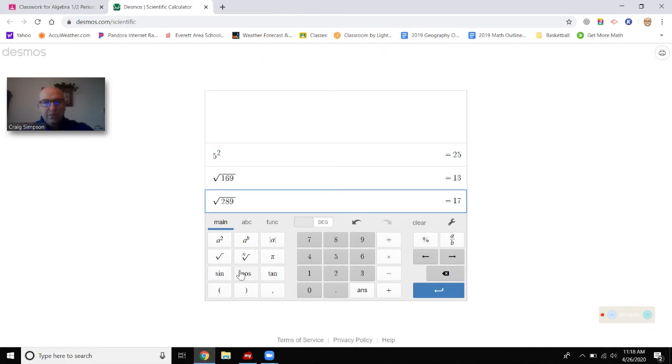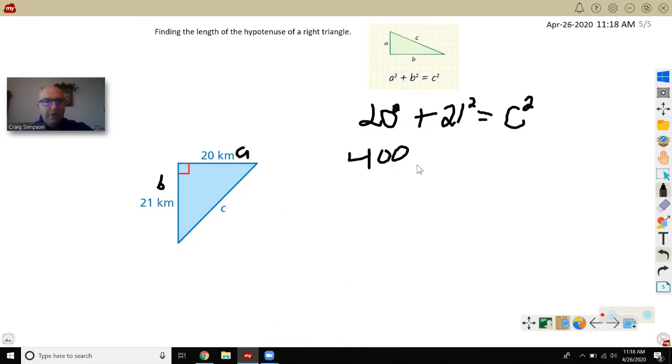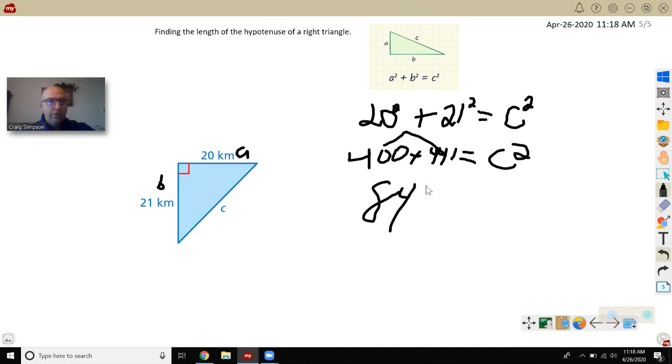Let's just double check what 21 squared is. 21 squared is 441. So 400 plus 441 equals c squared. 400 plus 441 is 841, and that equals c squared.